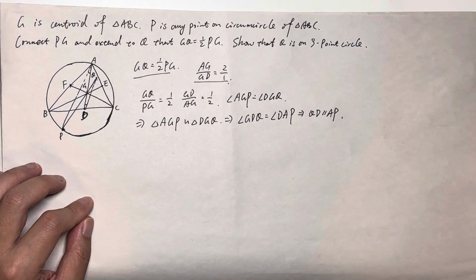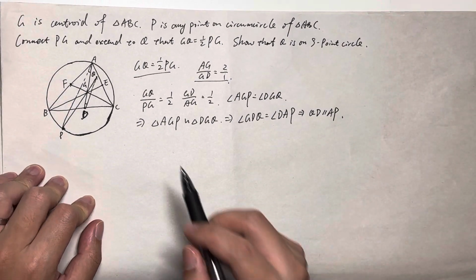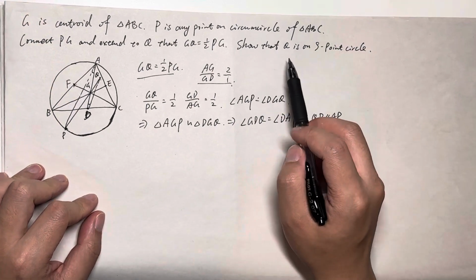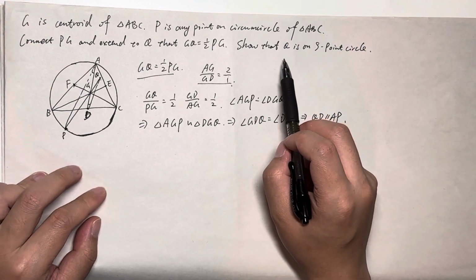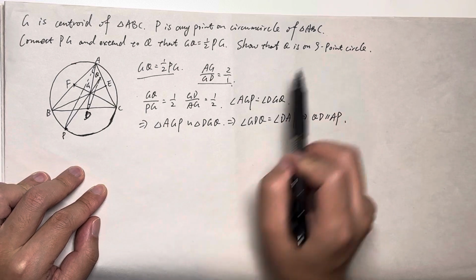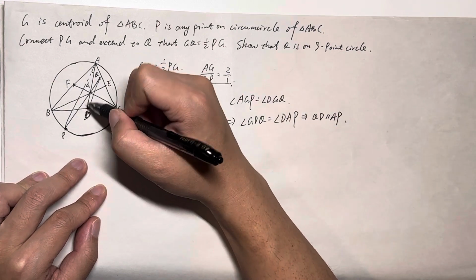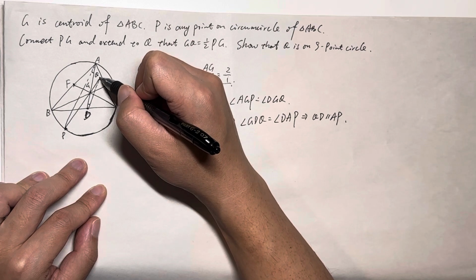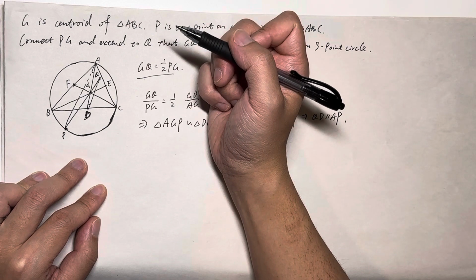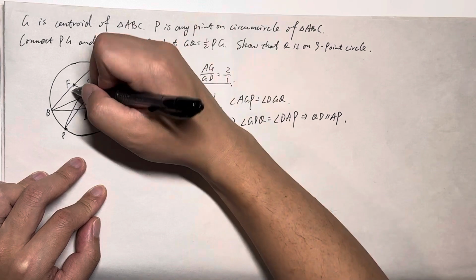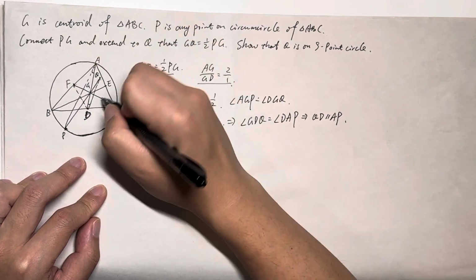And now we can take a look at what we want to prove: Q is on the 9-point circle, which means we want to prove that FDEQ is a cyclic quadrilateral. So we connect FDEQ.